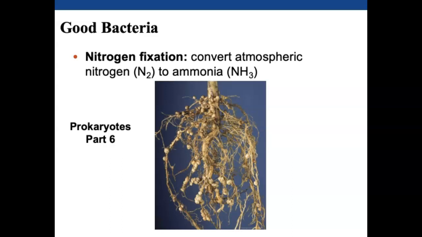So, all right. One way there's good bacteria is through nitrogen fixation. There are bacteria that can actually grab atmospheric nitrogen and convert it to ammonia. The plant then can use the ammonium. The picture you're looking at is of what's called a root nodule. See these little circles here? They look like little balls. That is a root nodule.